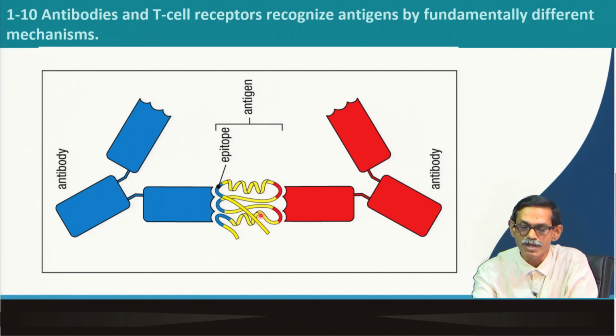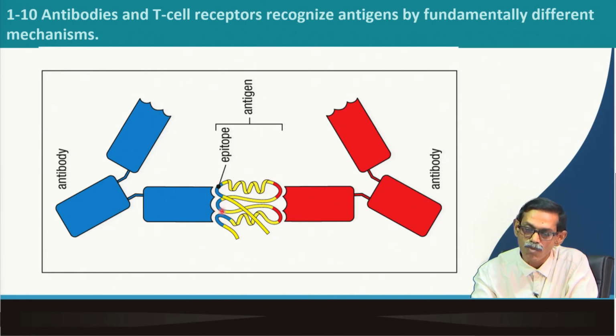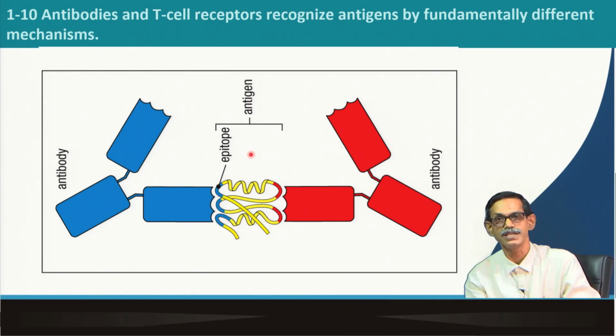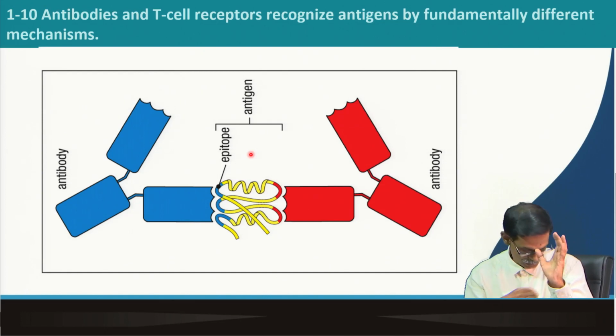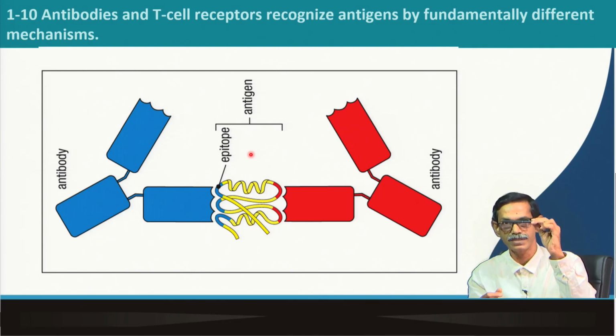So, this is the same antibody molecule, drawn in a slightly simpler way. This is the antigen binding site. If you see it interacting with the antigen, it holds only a small part of the antigen. If this pen is the antigen, it does not hold the whole pen like that, it is holding a small part of it.